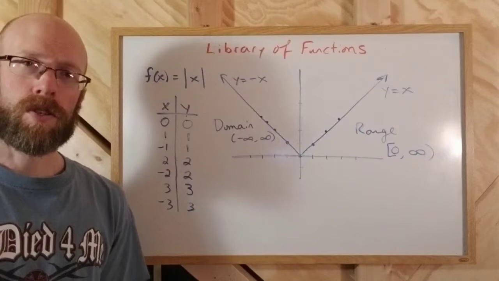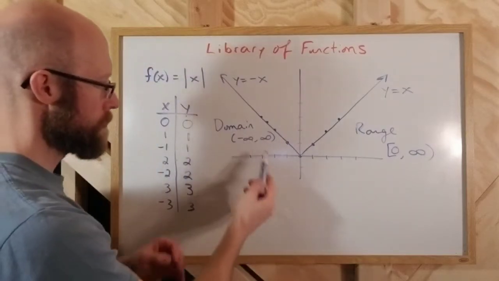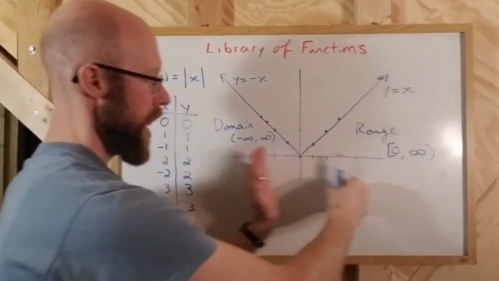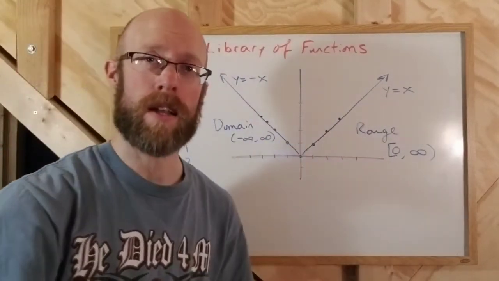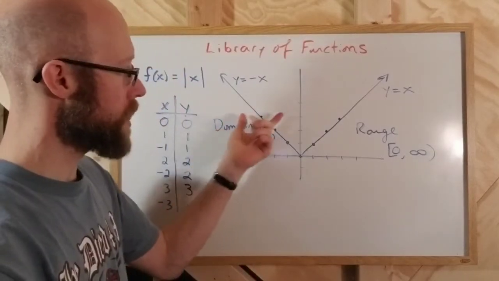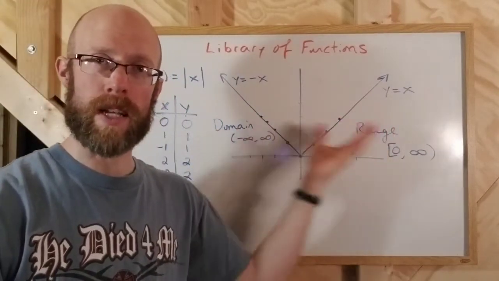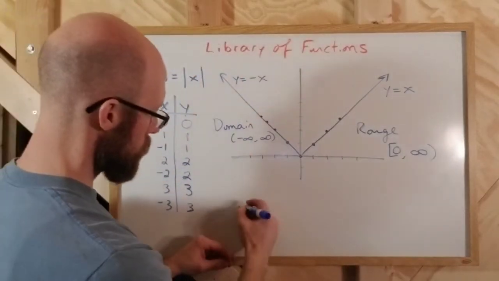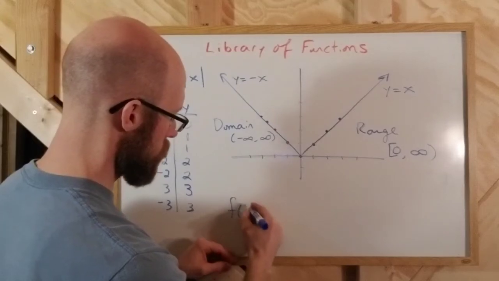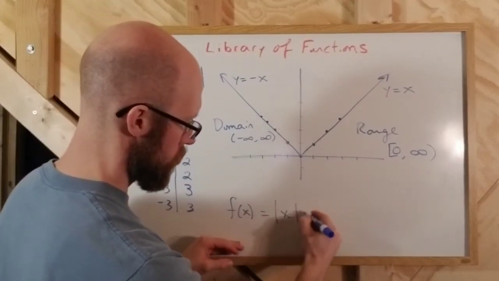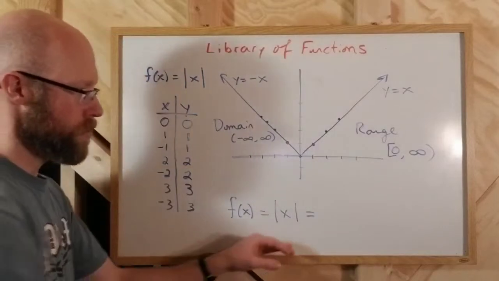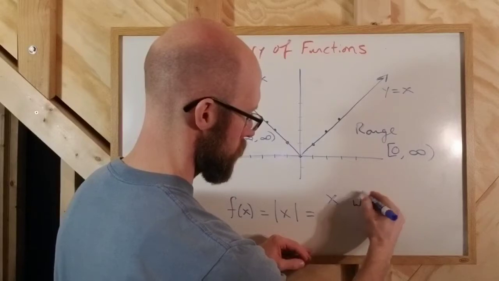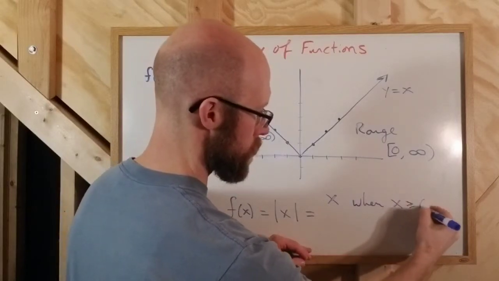Okay, so you could almost think of it this way, that the domain is all real numbers, but for each part of the graph, each half, the left side, the right side, you are actually defining the function in two different ways, one on each half of the graph. And so you could almost think of it this way, that the absolute value is equal to x when x is greater than or equal to 0, right?